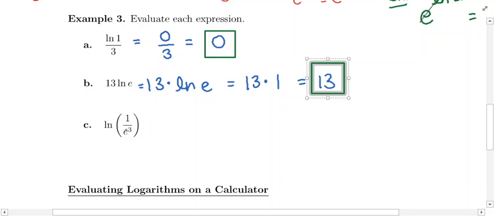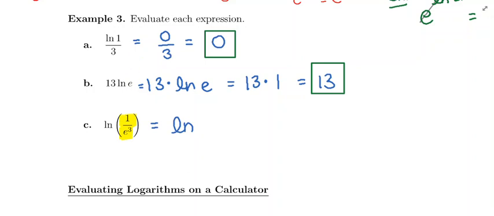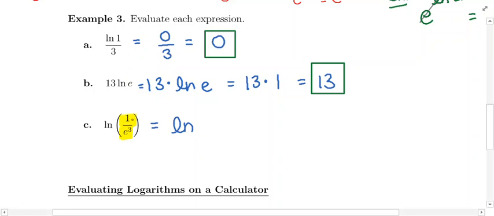We've got this fraction. So what we can do is rewrite this quantity in parentheses so that it is not a fraction. We're going to say this is the natural log of, and we're going to get rid of the fraction here. We can move the e cubed up to the top, but we have to change the sign of the exponent.